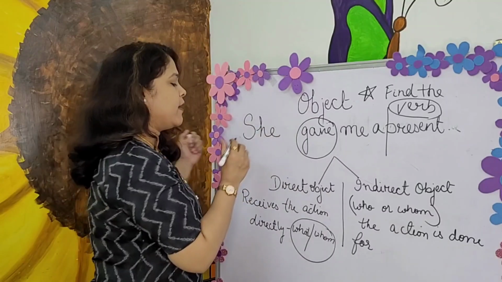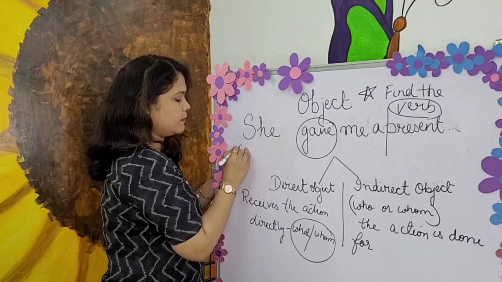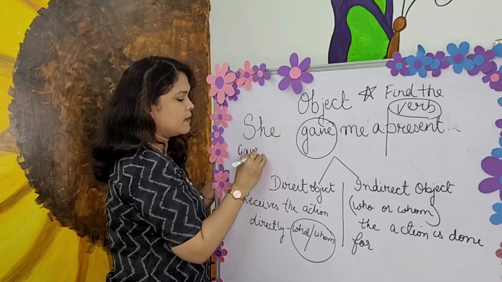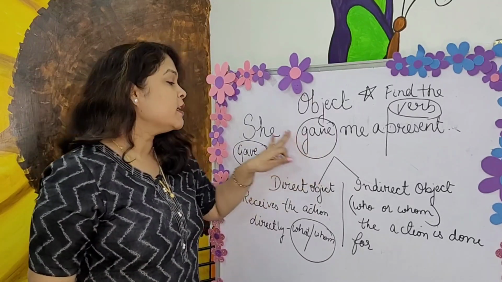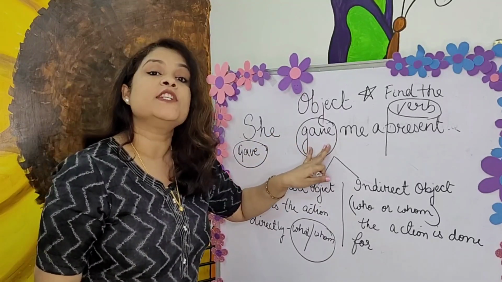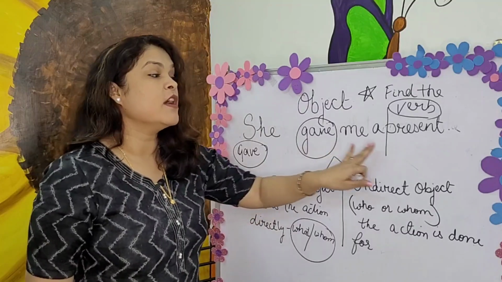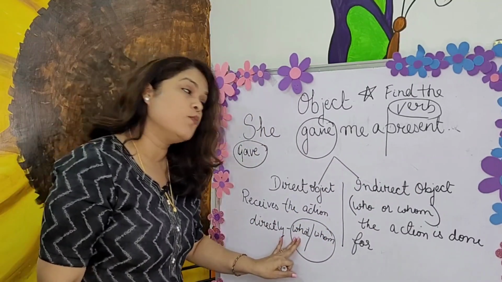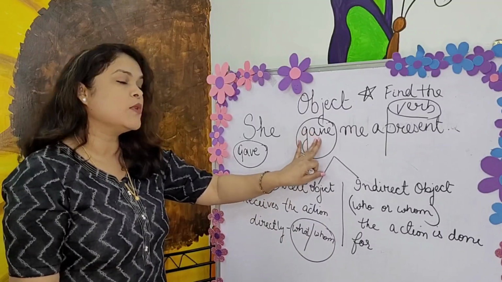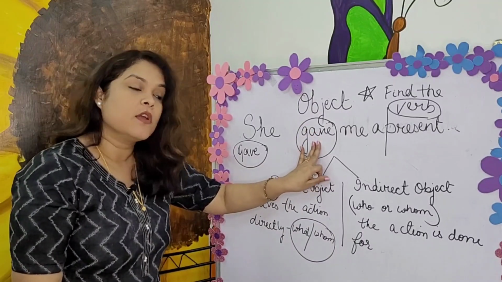Okay, so gave is the verb, or gave is the action. What did she give? She gave a present. You got the answer? When you ask the question what to the verb, what did she give?